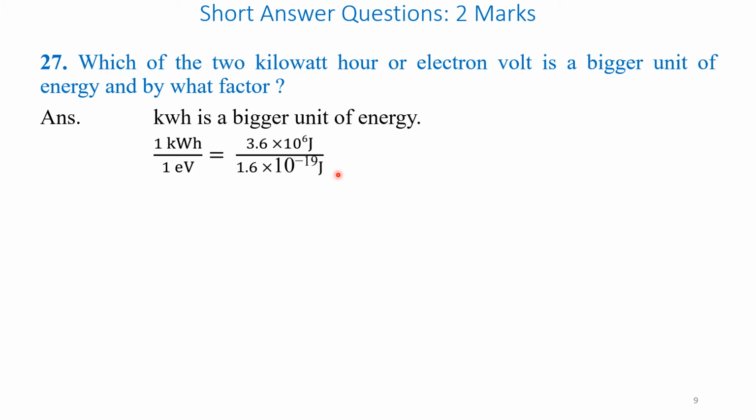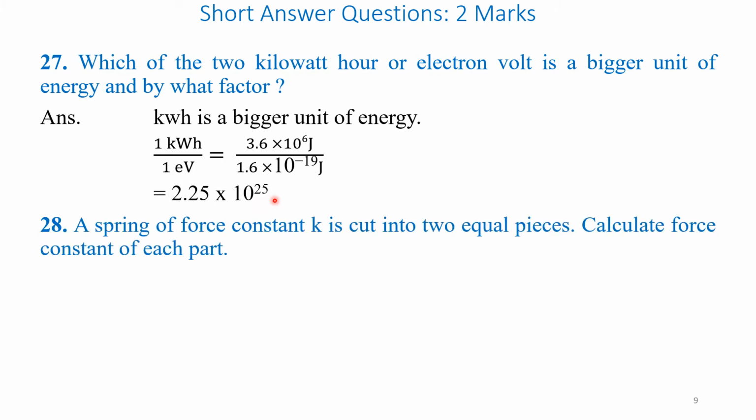So simplifying the right hand side, we get the answer as 2.25 into 10 to the power of 25. So kilowatt hour is greater by 2.25 into 10 to the power of 25.